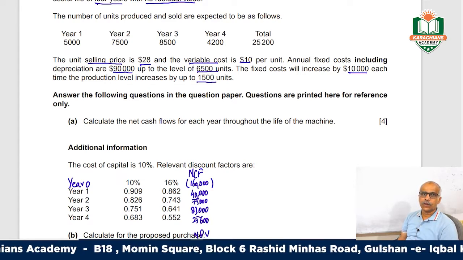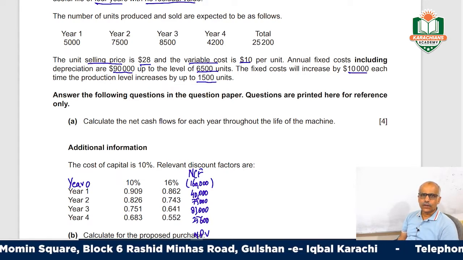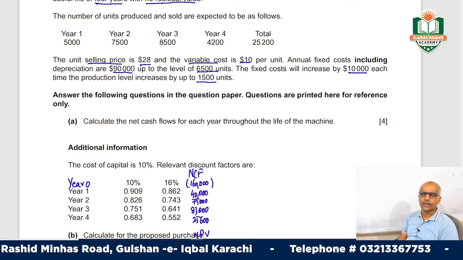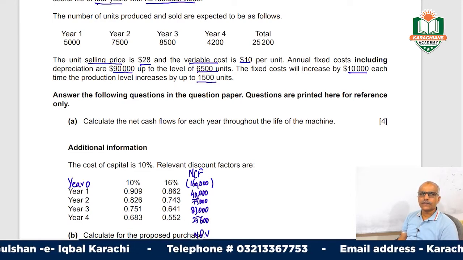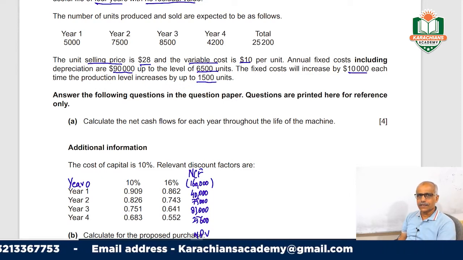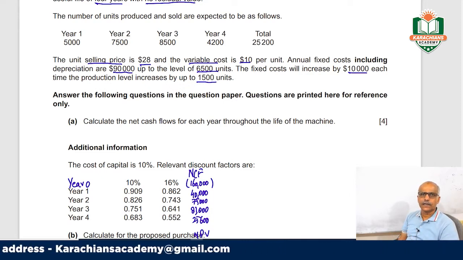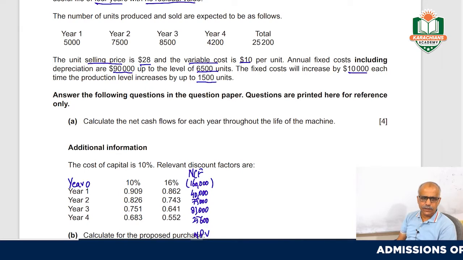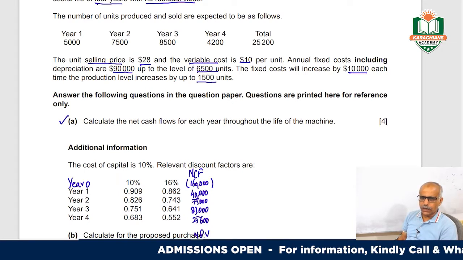But if you are producing incrementally 1,600 or 2,000 units, then on the initial 1,500, 10,000 will be added, and on the additional 100, another 10,000 will be added. So this is the logic; you have to understand this one. Then what is required? Calculate the cash flows.